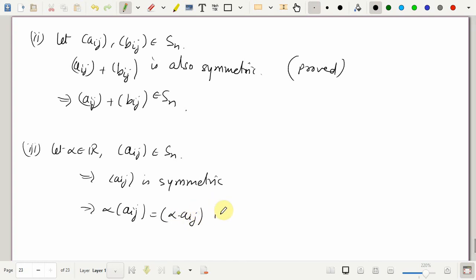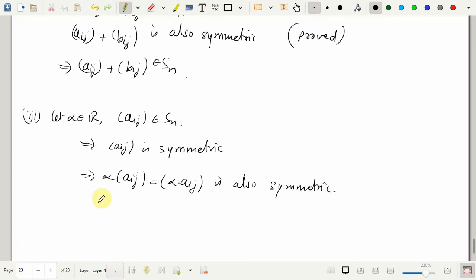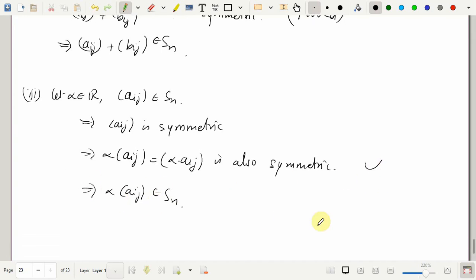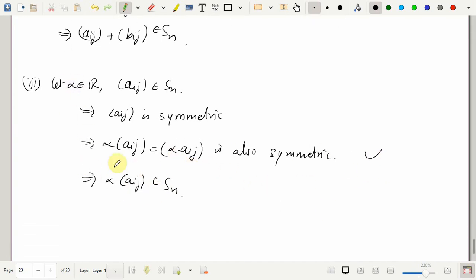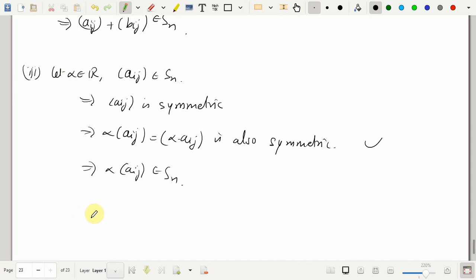This is also symmetric, and in this case what we observe is that the scalar multiple belongs to Sn. Now this is also proved. I don't show the proof of this as it is already proved using the properties of the transpose of a matrix.